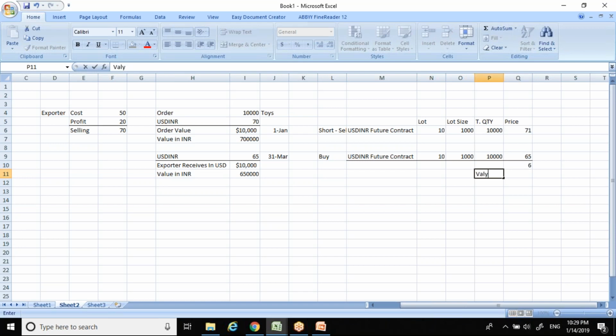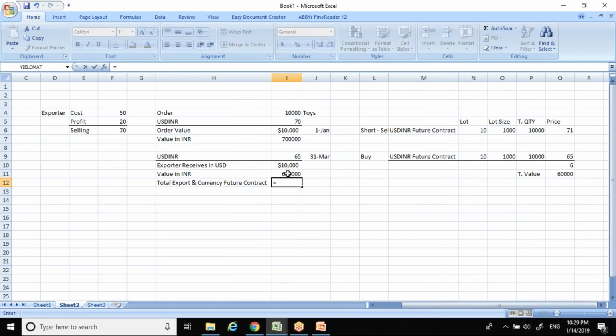The total value would be 6 multiplied by the 10,000 quantity you purchased, so around 60,000. This 60,000 plus 65,000, both together, from the spot and the currency future contract, you made around 125,000.